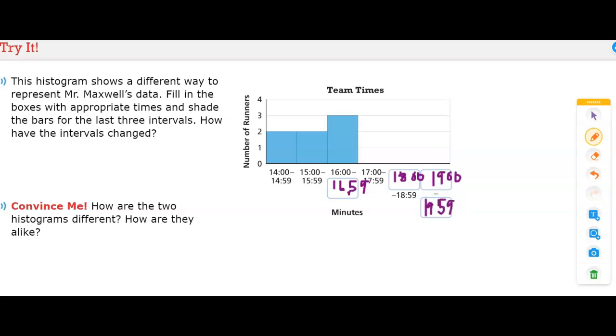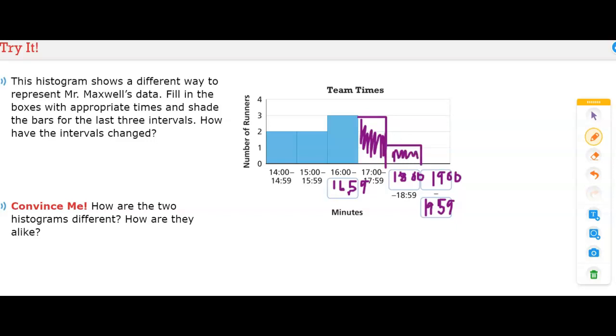19:59. And now it says to shade in the rest of the histogram for the bars. For 17 to 17:59, there are 3 times there. Then we look at 18 to 18:59, and we look at the times again, and 1 time fits in this interval.